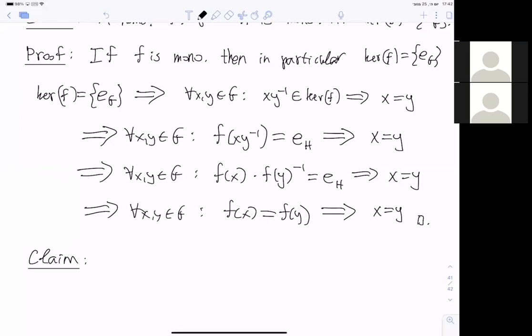Okay, so last claim. It's not a claim, it's more of a definition. Definition. Let G be a group and K be a normal subgroup.